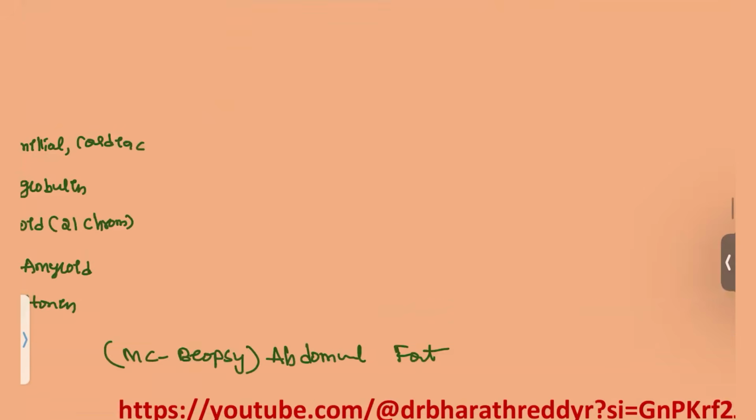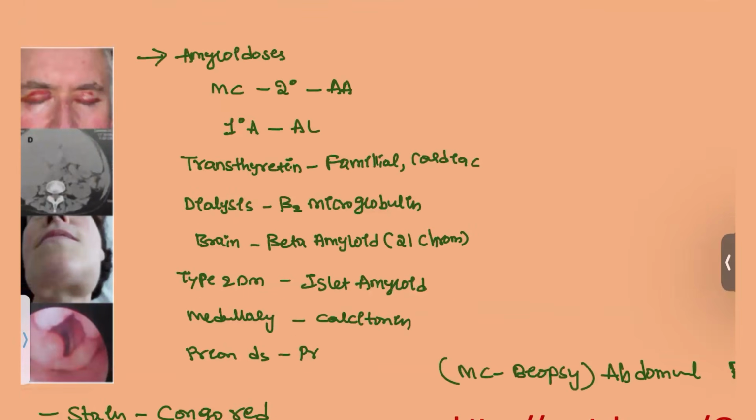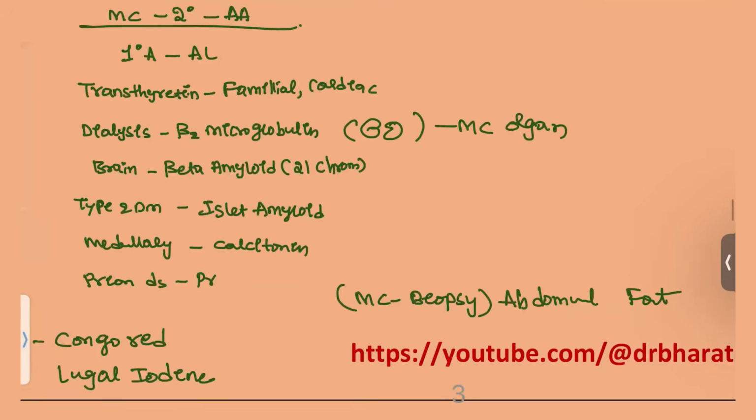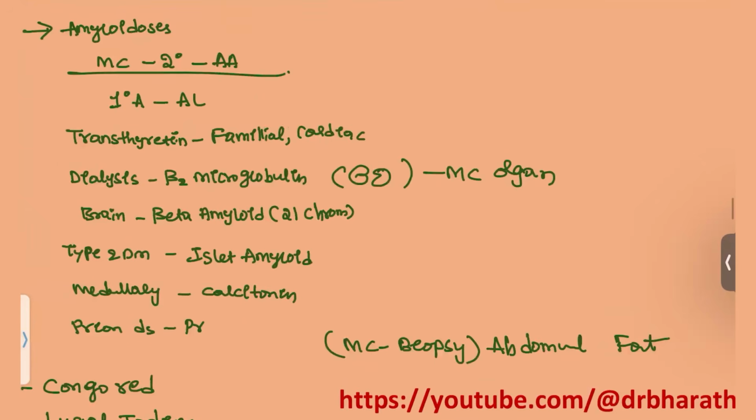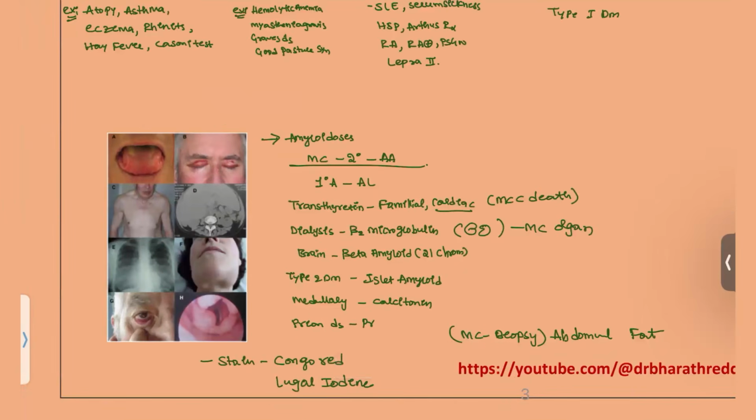And what is the most common organ that is involved? Kidney is the most common organ. The most common type is the secondary only, but the organ is kidney. Next, what is the most common cause of death? Most common cause of death will be cardiac. Okay, this is what we have to know about amyloidosis.